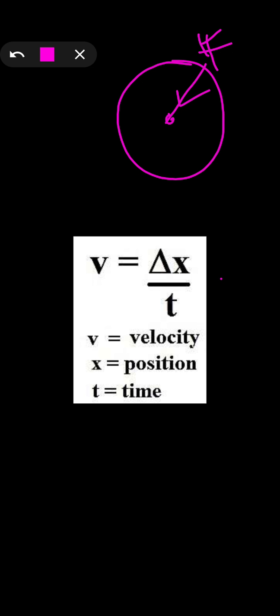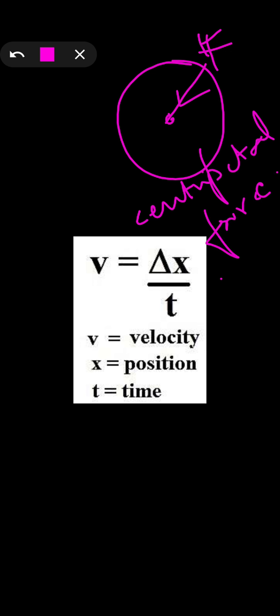This force acting towards the center of the circle is named centripetal force. That is, the force that makes the body revolve around the circular path is known as centripetal force.